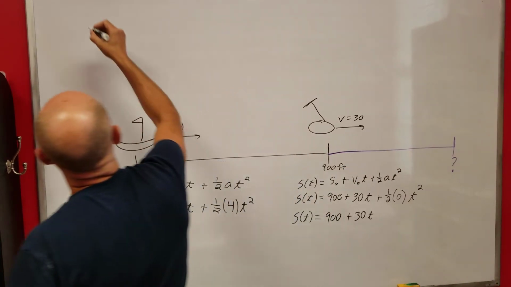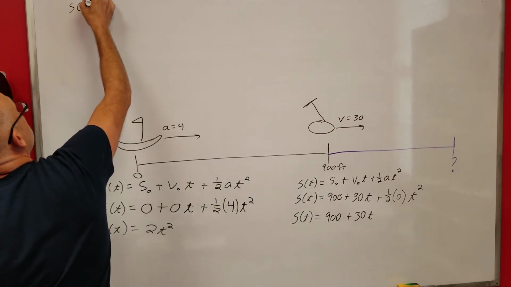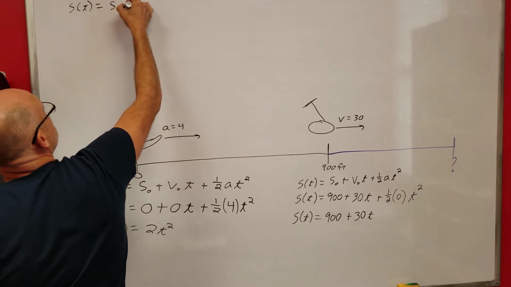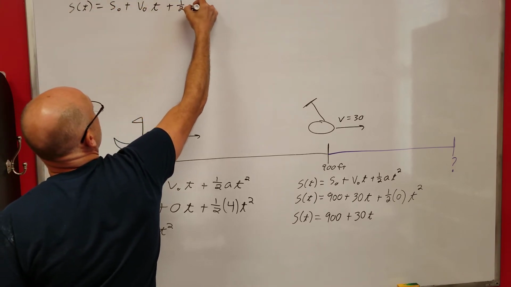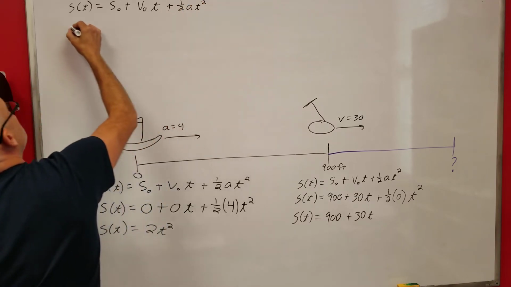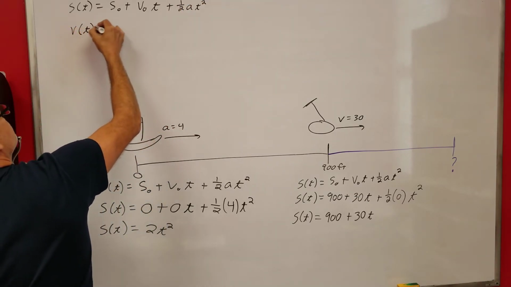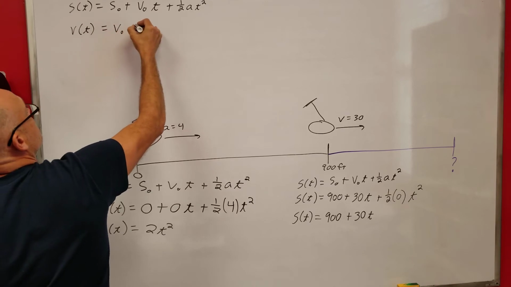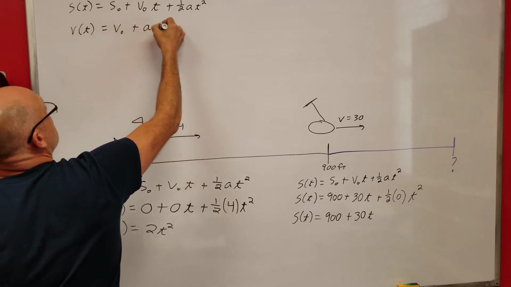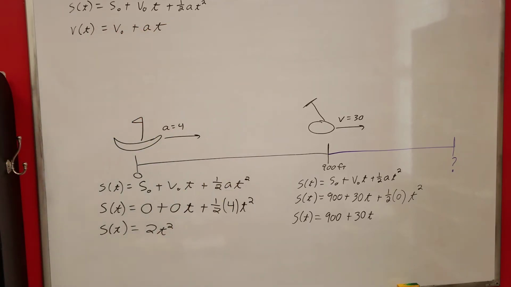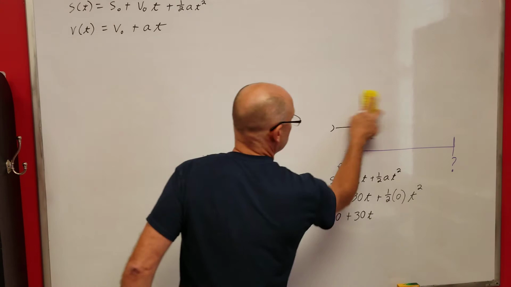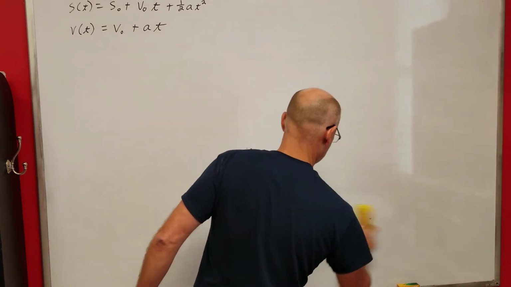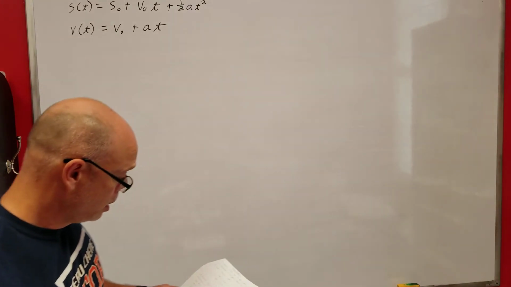S of t is equal to S subscript 0 plus V subscript 0 times t plus 1/2 a t squared. And what is V of t? V of t is equal to V subscript 0 plus a times t, right? All right, so it says use these same formulas again. I'm not going to write all this down. Just look at your notes, okay?